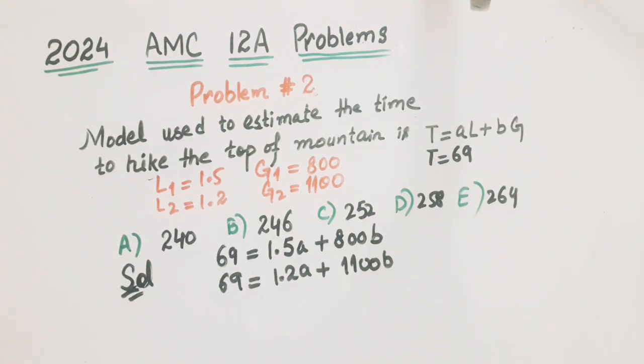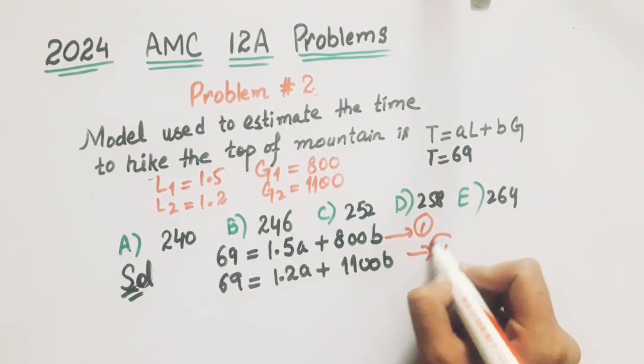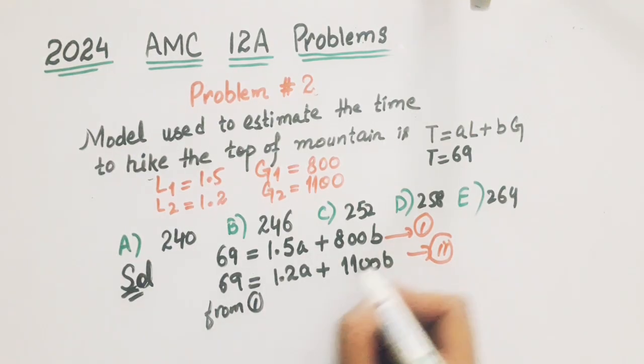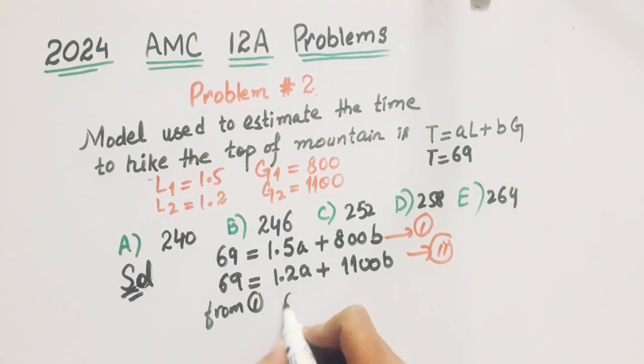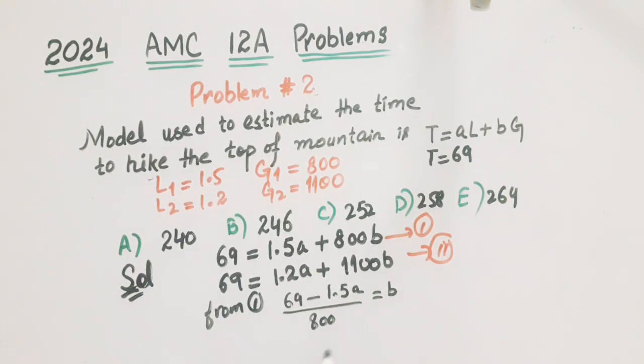This is called equation 1 and this is called equation 2. Now from equation 1, we will get the value of B, that will be 69 minus 1.5A divided by 800, that equals B. So substitute this value in the other one.